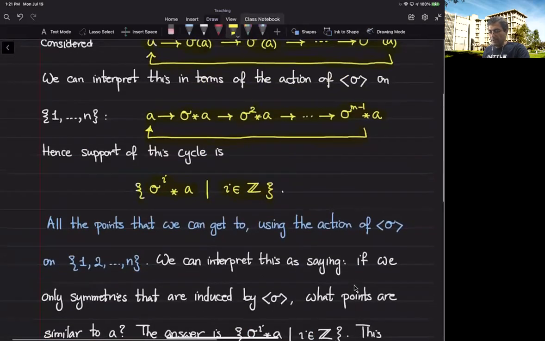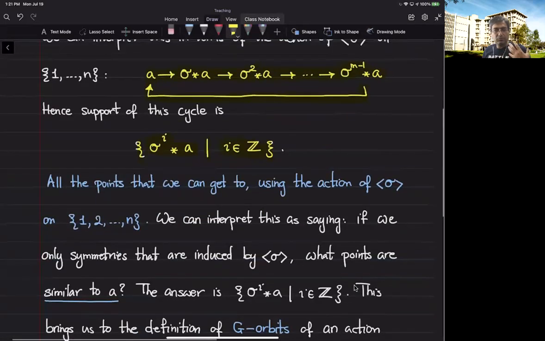Now, if I think about it and try to use the language of symmetries, it is the same as saying that we should try to imagine a structure where only sigma, or powers of sigma, can give us symmetries of that structure. So something like a cycle. In a cycle we also have tau, but for now let's think about a cycle.